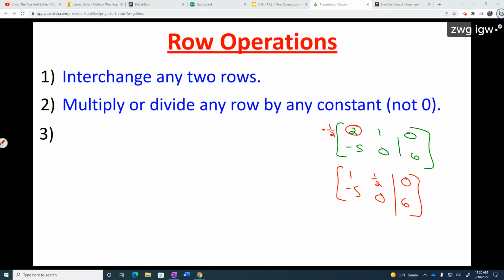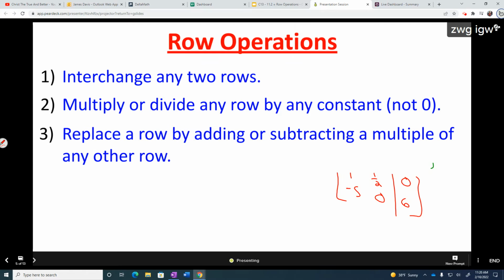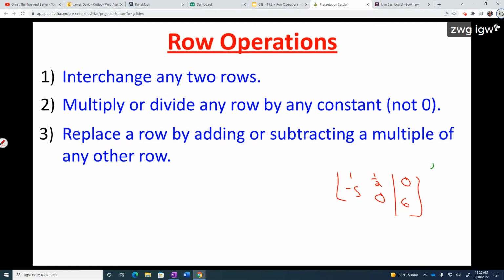Okay, and the last one, this is going to be the most complicated one. We're going to be using it probably the most, though. We're allowed to replace a row by adding or subtracting a multiple of any other row.